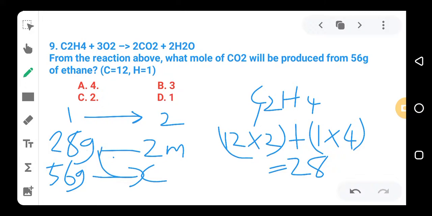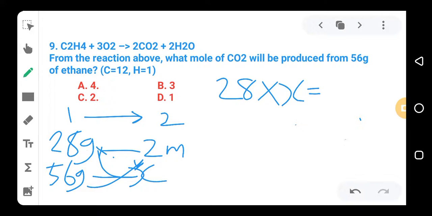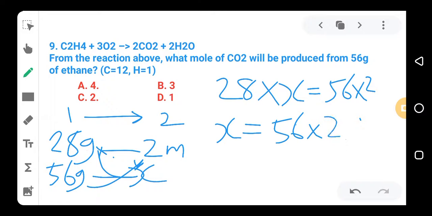We are going to have that 28 times x is equal to 56 times 2, and x is equal to 56 times 2 over 28.